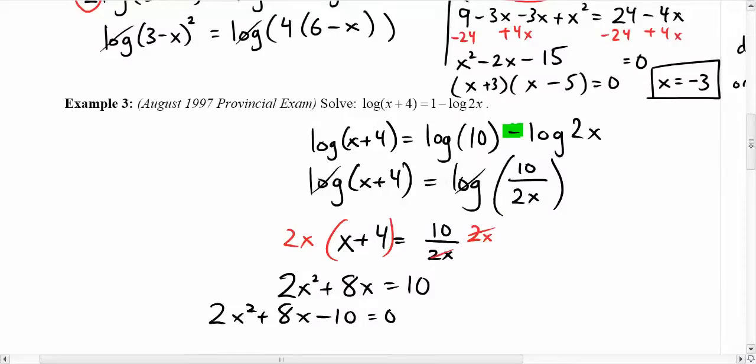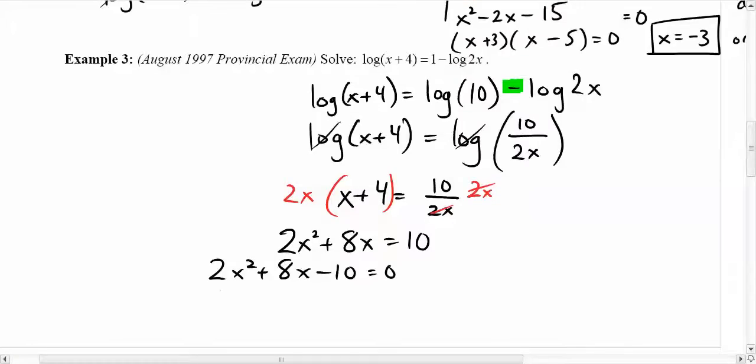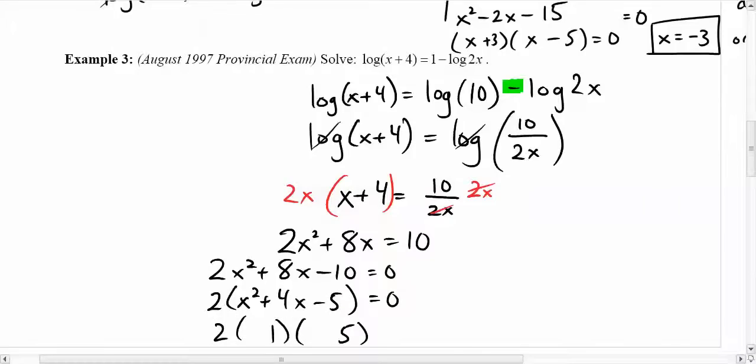And then factoring out a common factor of 2. 2 goes into everything. So then I look for 2 numbers that multiply to -5 and add to 4. 5 and 1. The 5 should be positive, the 1 should be negative. So there's 2 possibilities. x is 1 or x is -5. So now I have to check.